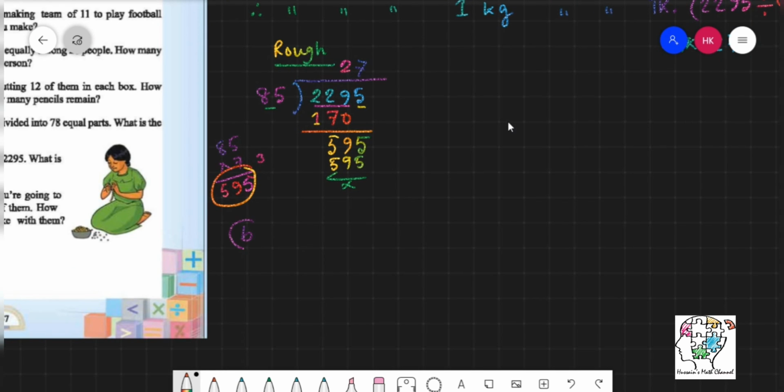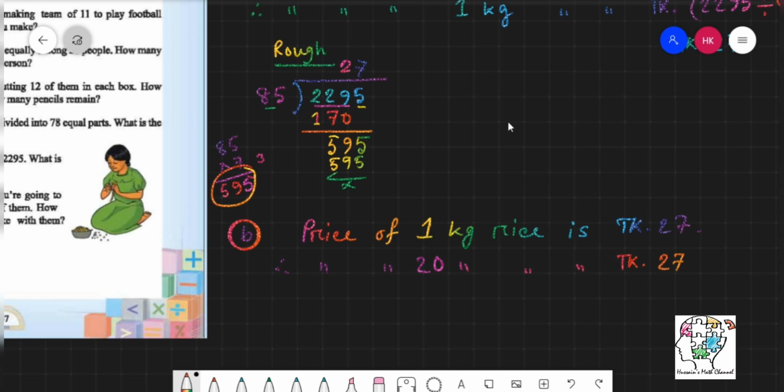So question number B, we can write here like this: price of 1 kg rice is taka 27. Therefore, price of 20 kg rice is definitely, price of 20 kg will be more. So to make it more, we have to multiply by 20. Now if we multiply, what we get?